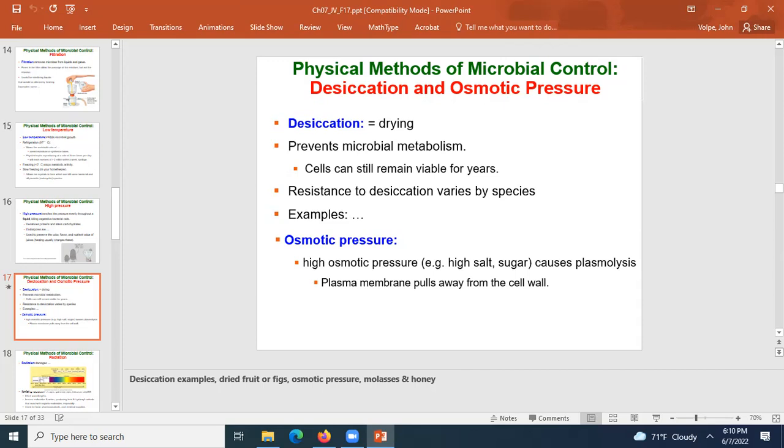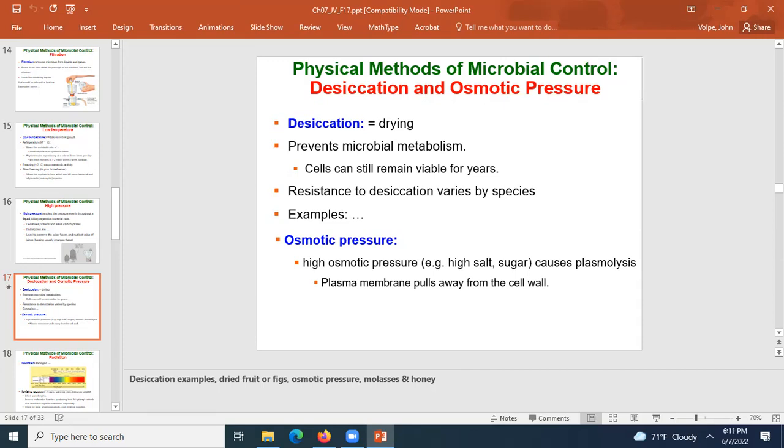Mycolic acid can remain viable for months, meaning a Mycobacterium that has mycolic acid in it can remain viable for months under desiccation. The resistance to desiccation varies species by species. E. coli would be very susceptible to death by desiccation.